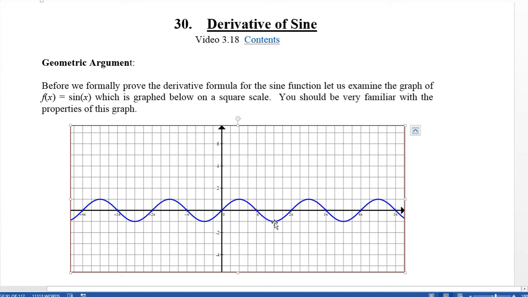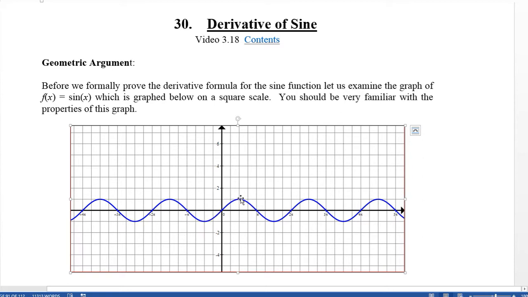It hits a minimum at 3 pi over 2, or at minus pi over 2, plus integer multiples of 2 pi. So here's minus pi over 2. Minus pi over 2 plus 2 pi is 3 pi over 2. Add another 2 pi, you're over here, which is 7 pi over 2, and so forth.